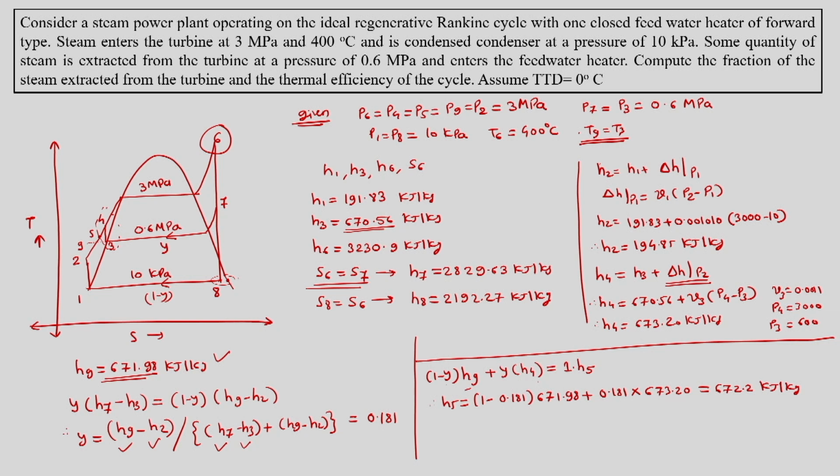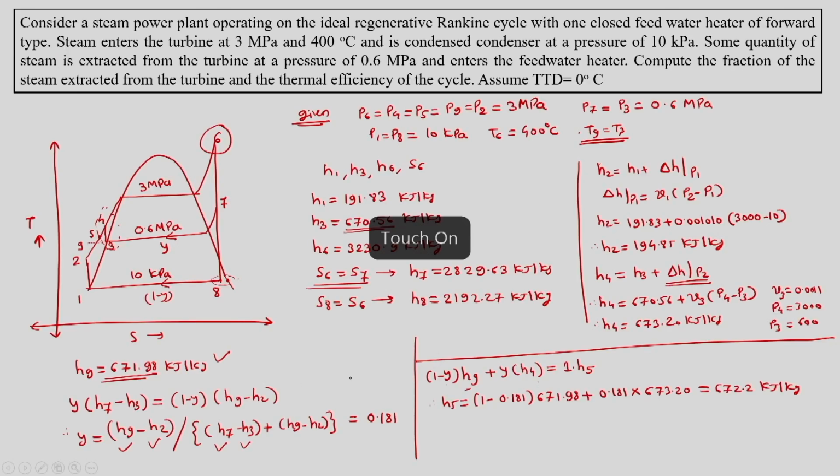So we can go ahead and do the performance calculation. For that, we will first need to find out Q in, and if we remember, Q in is given from 5 to 6. So it is H6 minus H5. So this is Q in.